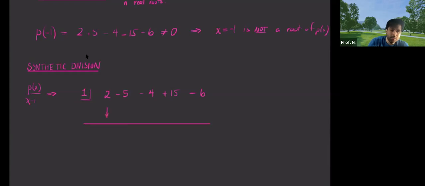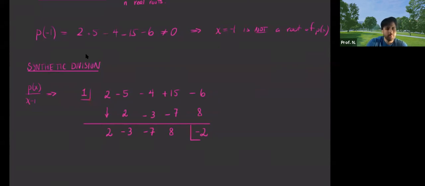We bring down the 2. 2 times 1 is 2. -5 plus 2 is -3. And then 1 times -3 is -3. Then you add this, you get -7. 1 times -7 is -7. You add this, you get 8. 1 times 8 is 8, and what do you get? -2.